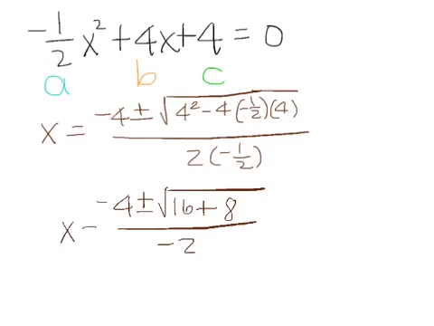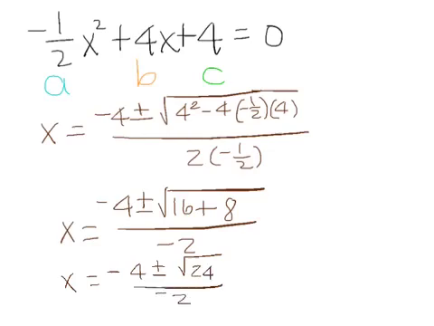That's what x equals. And when I continue further down this road, I'm going to end up with x equals negative 4 plus or minus the square root of 24 over negative 2.